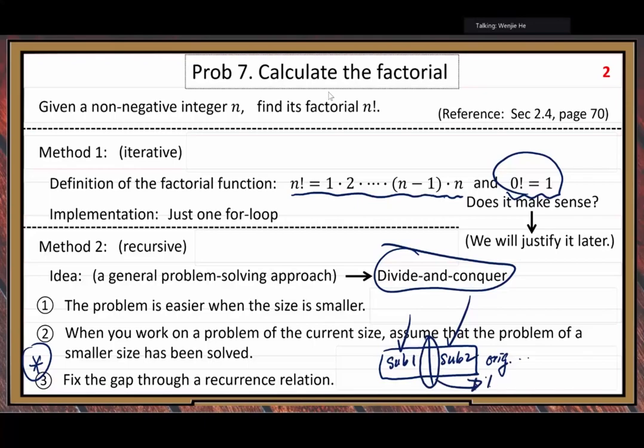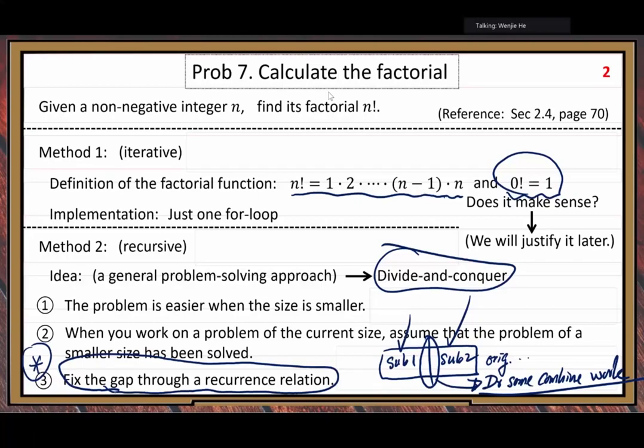So you need to do some combine work to get a solution of the current problem. And that combining part, the extra working part, you need to find a formula to connect them.